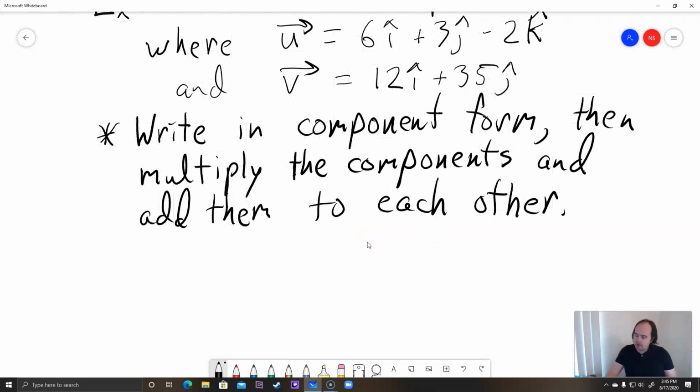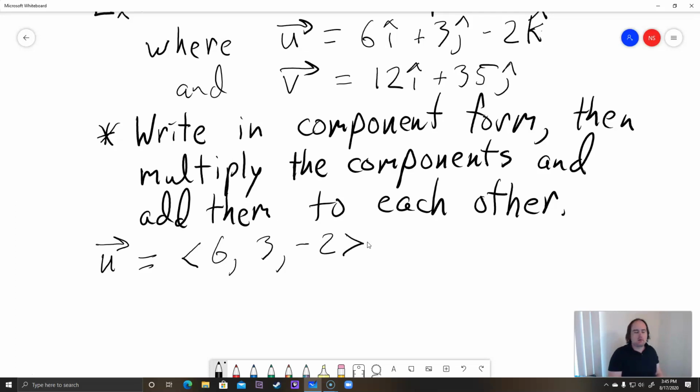So to write it in component form, our vector u is 6i plus 3j minus 2k. That's going to be 6, comma 3, comma negative 2. And then for vector v, writing that one in component form, we have 12i plus 35j.